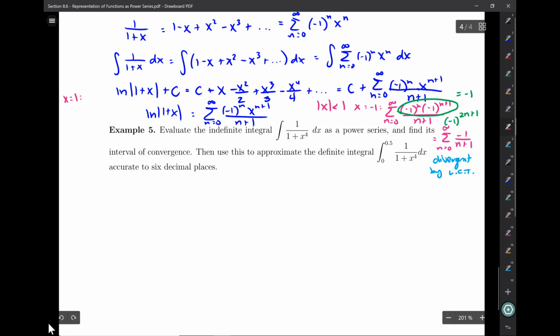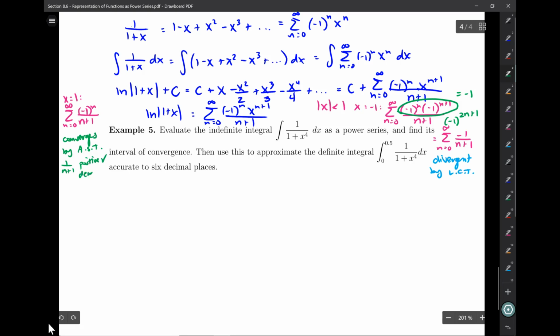So if x equals 1, then I would end up having the series (-1)^n. Now 1 to the n plus 1 is always just going to be 1, so we have 1 over n plus 1. This one is going to converge by the alternating series test because we have that the 1 over n plus 1 is positive.